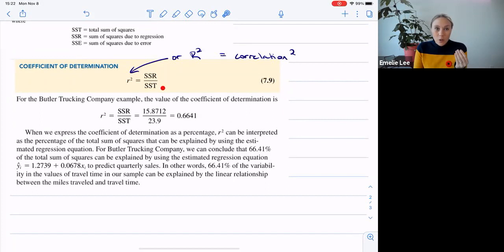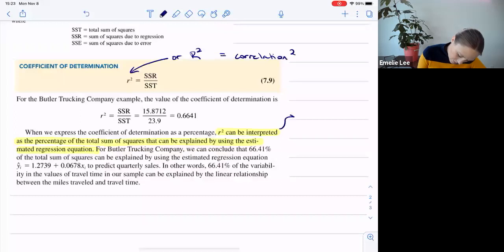And usually what I'll do is I'll say, oh, you have to memorize this definition. As soon as you see keywords like percentage of variability explained by, then your mind should go to R squared. Okay, and so the R squared can be interpreted as the percentage of the total sums of squares.